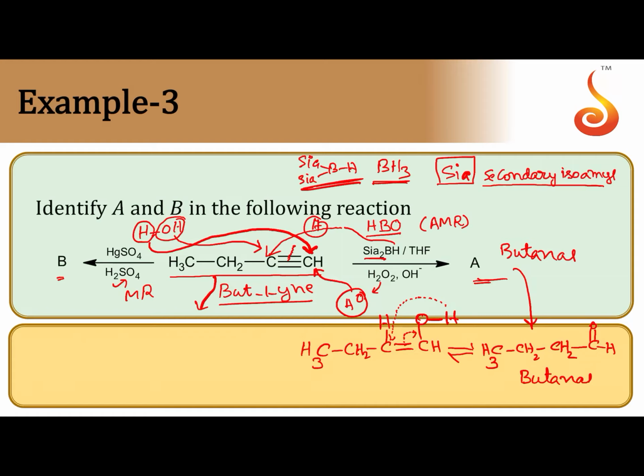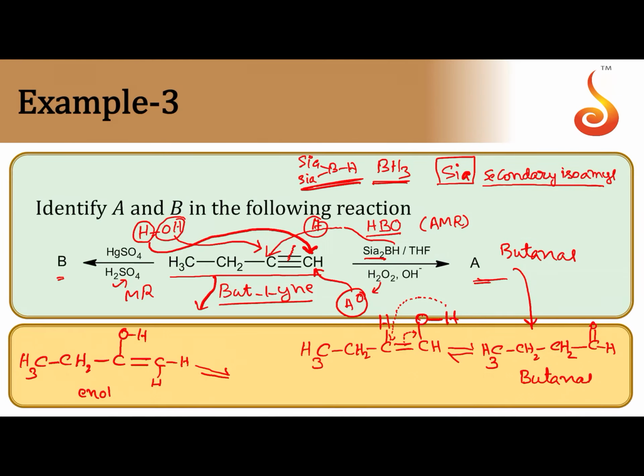So in the enol form towards the formation of B, I am writing here CH3, CH2, C takes OH, double bond present, CH2. This is the enol form, highly unstable.